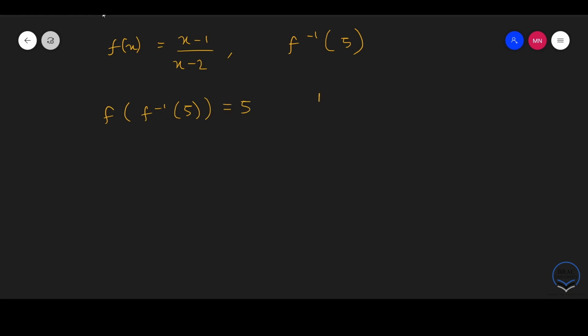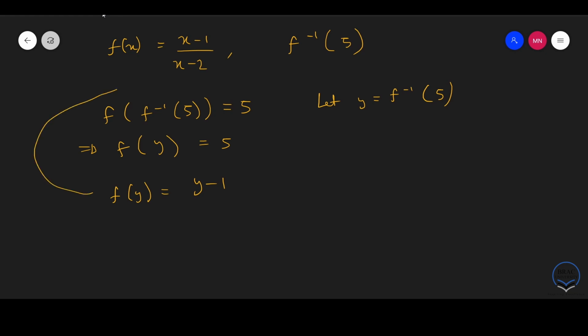So we can let y be equal to f inverse of 5, and so then we can write this as f of y is equal to 5, right? So now what is f of y? f of y is equal to y minus 1 over y minus 2, so we're just substituting y into this function, and this is equal to 5, right?